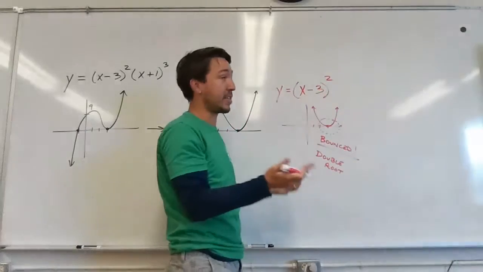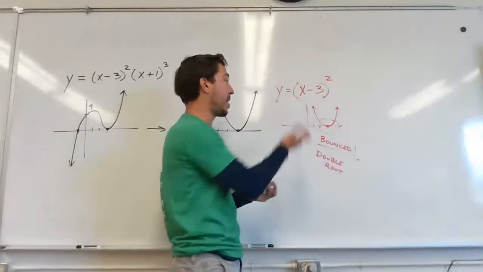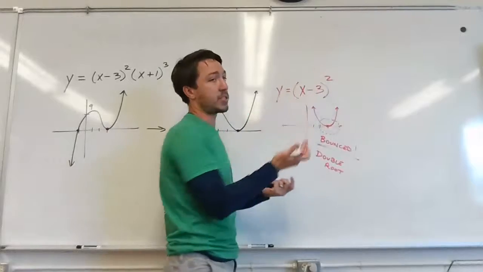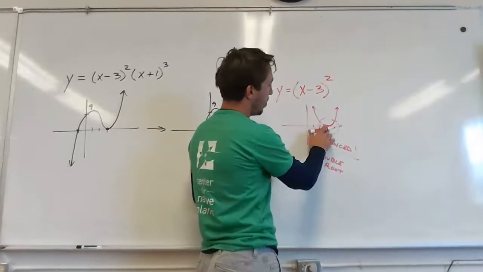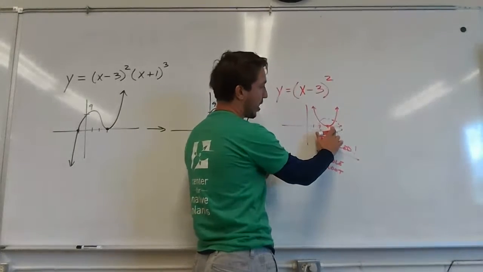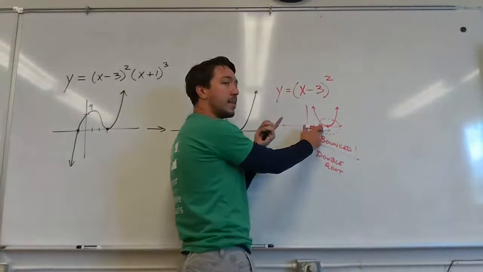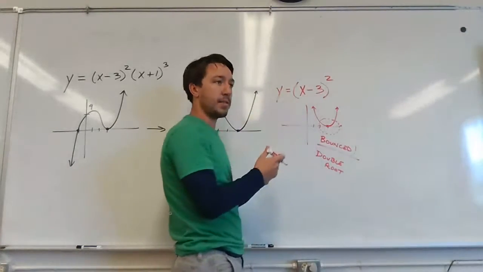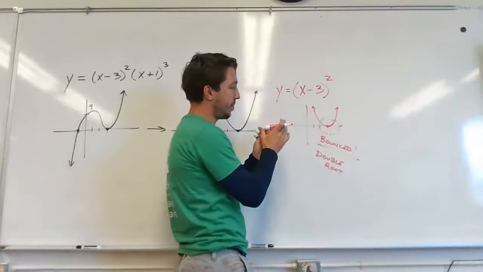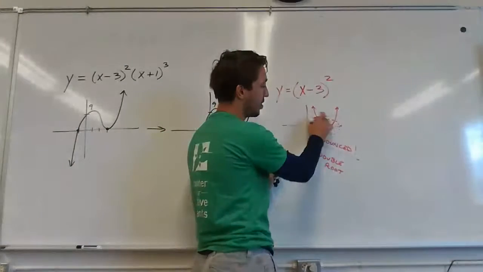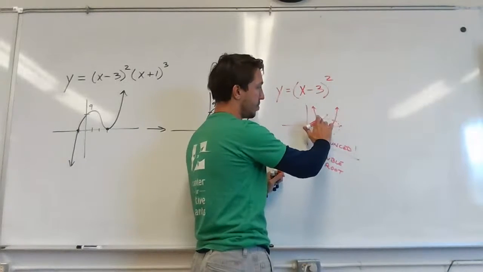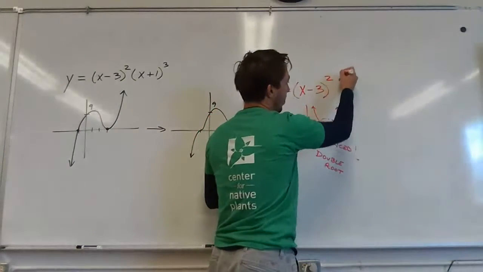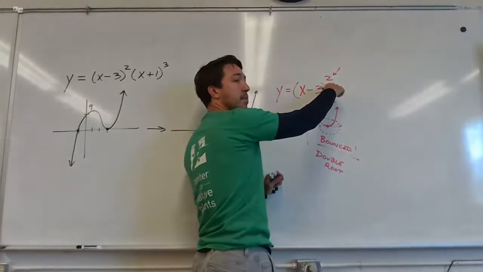You can be pretty confident that if you plug in any number other than 3, because it's getting squared, it's going to be positive on both sides. So plug in 3.1, you get a positive. Plug in 2.9, a number on the left of 3, it's also positive. So that's the kind of behavior that generates this sort of bouncing off structure. And ultimately it comes down to this number here, right?